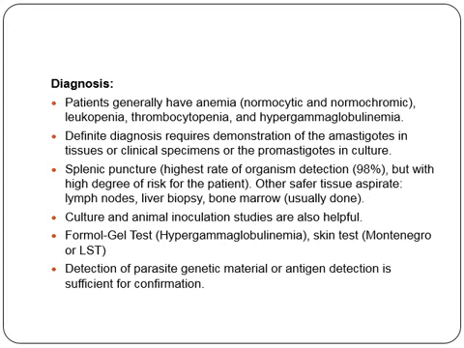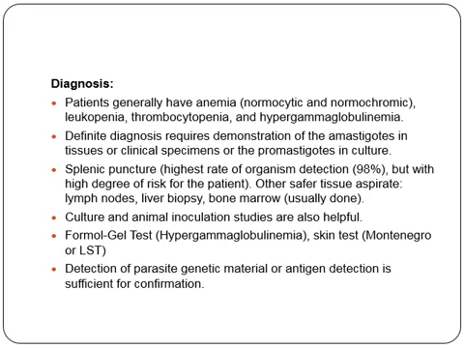The splenic puncture, if we have to demonstrate the parasite, we won't do this. Splenic culture has a high rate of organism detection, but there is a high degree of risk for the patient, because if the spleen, at this huge size, ruptures, it may cause very severe bleeding.